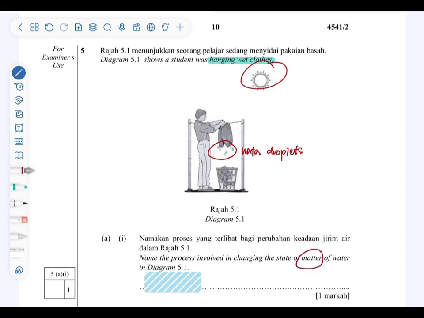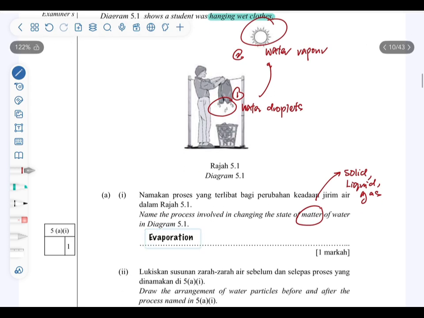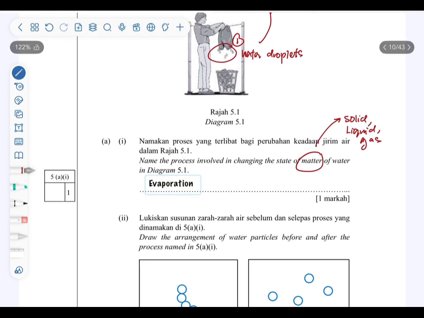We know that water has three physical states: solid, liquid, and gas. The process will be water first, and then the second one, which is water vapor. The process of water droplets changing into water vapor is simply evaporation, because we have the sun. When the water droplets absorb heat energy, they change into water vapor and evaporate. So this is the process of evaporation.